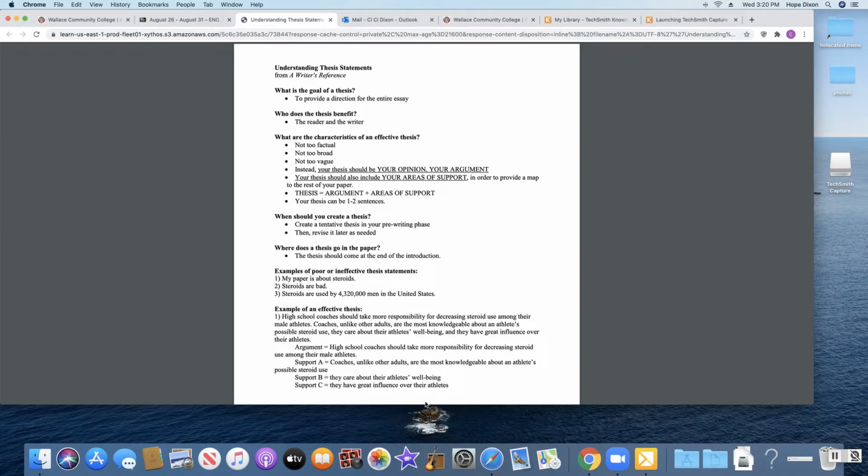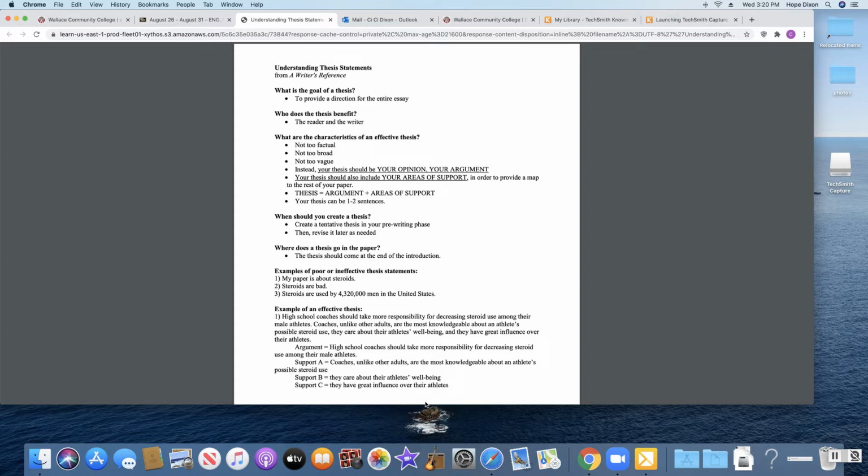It's important that you understand what a thesis statement in an essay is supposed to do. The goal of the thesis statement is to provide a direction for the entire essay. To a degree, it is a writer's promise to the reader for what to expect in the particular essay.